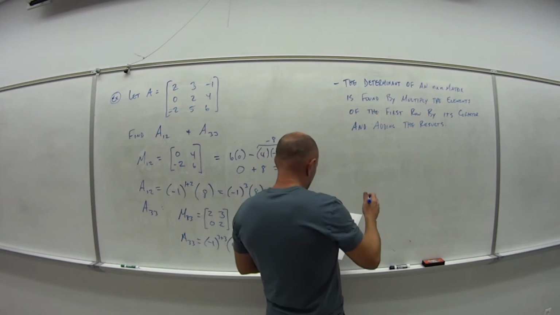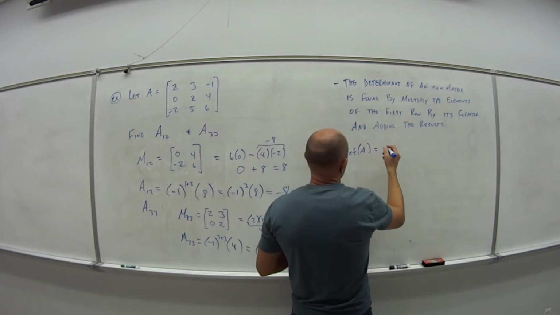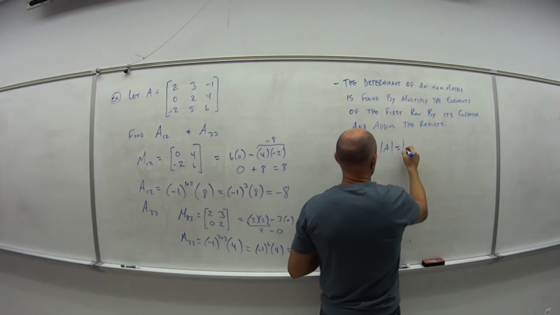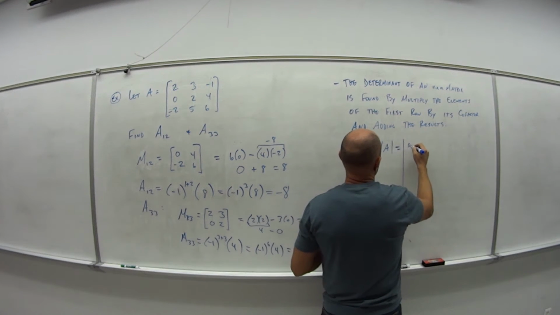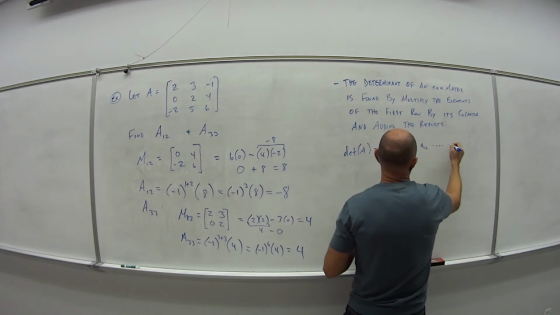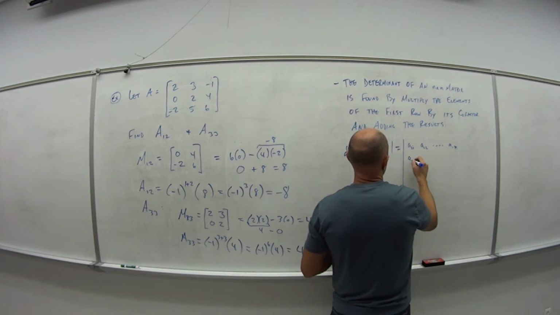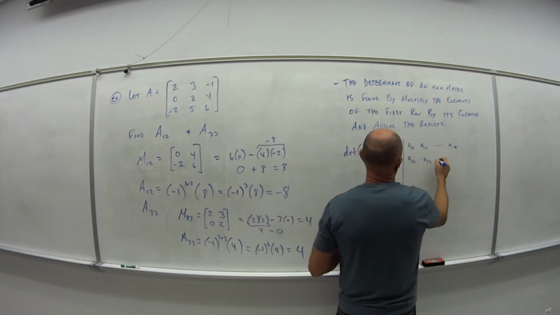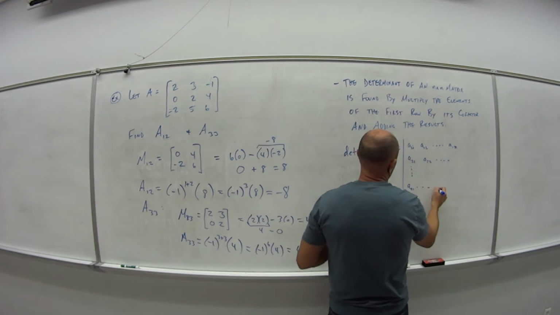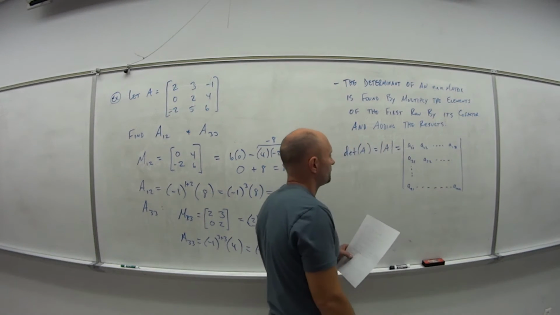Okay, so what this means is the determinant of some matrix A, the determinant of A11, A12, etc., all the way up to A1n, and then A21, 22, etc., all the way down to n, so An1, all the way over to Ann. That's a general form.